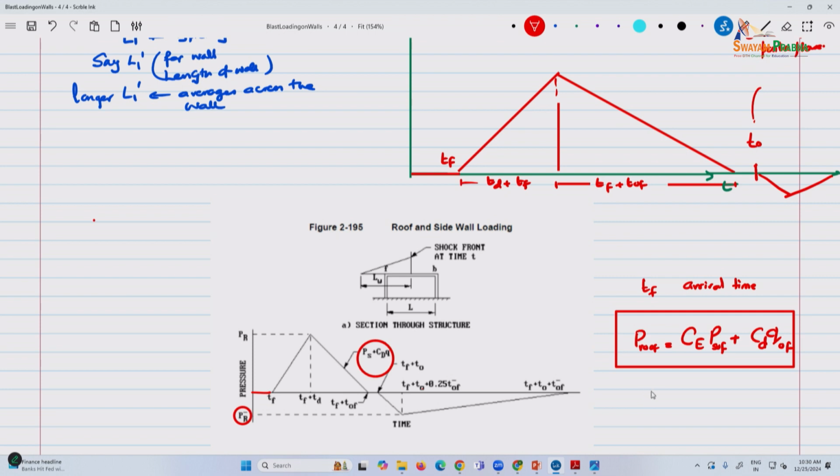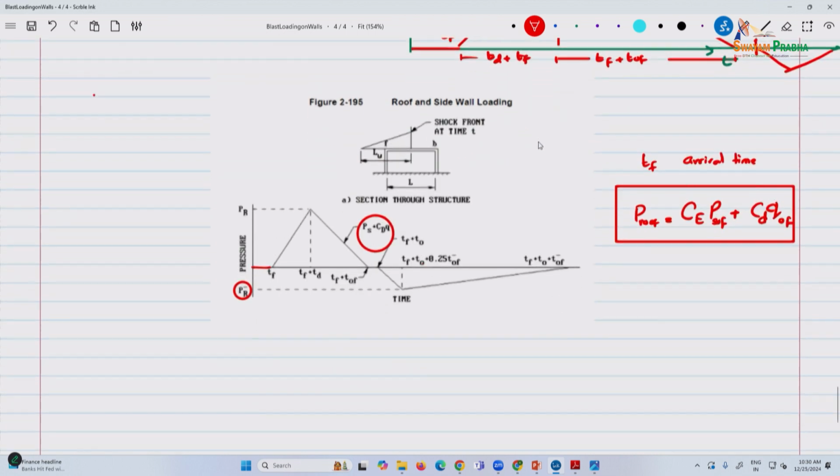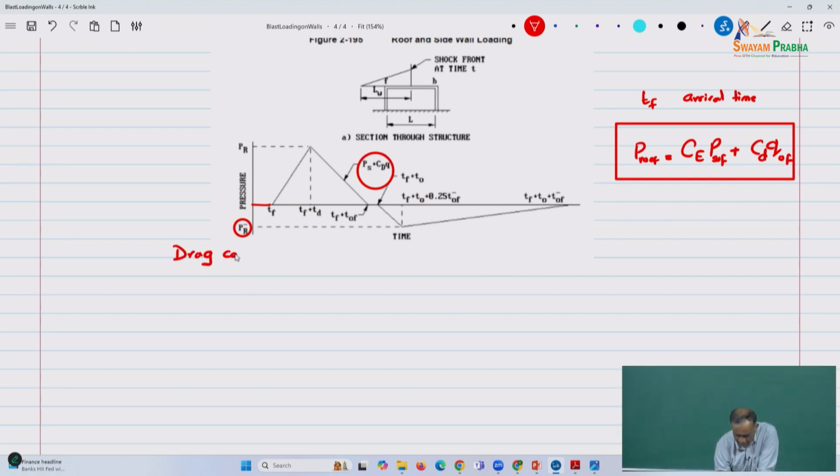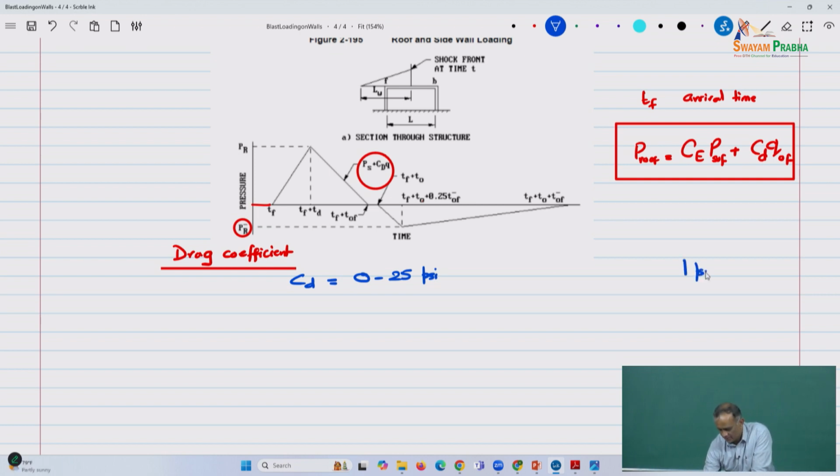The drag coefficient is a little more involved for petrochemical facilities. You have just one number, but the drag coefficient CD for 0 to 25 psi, again you can convert to kilopascal, roughly 1 psi is how much? 7, right? Seven kilopascals.